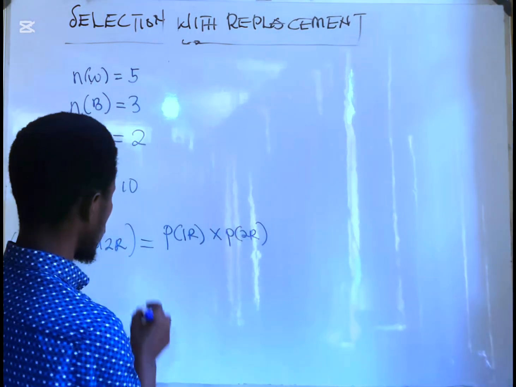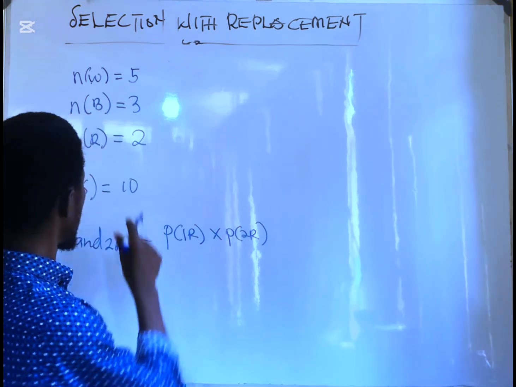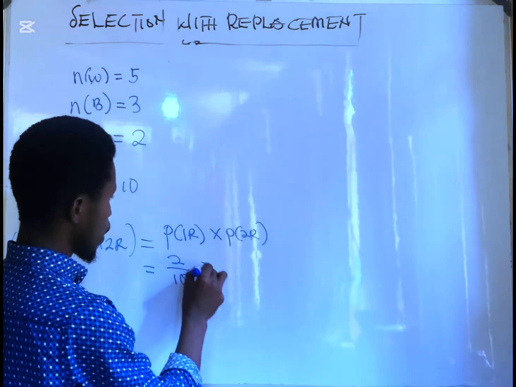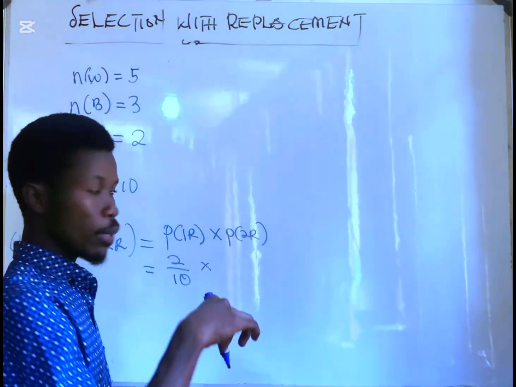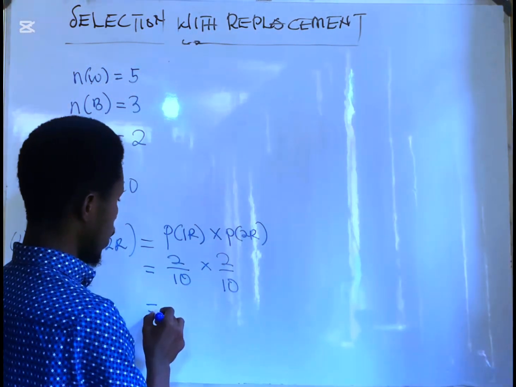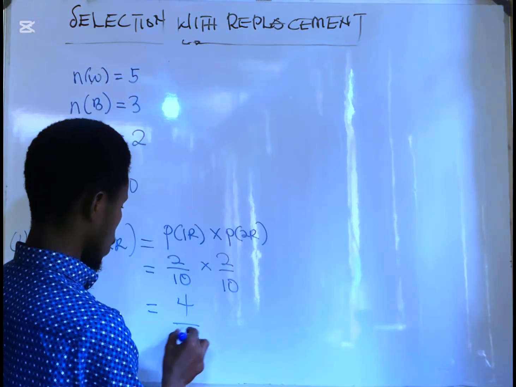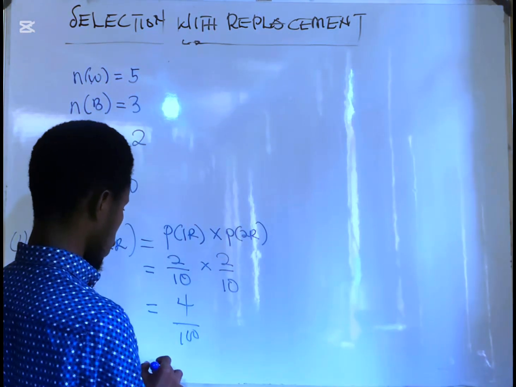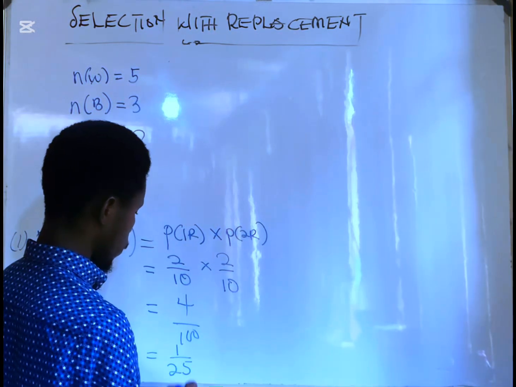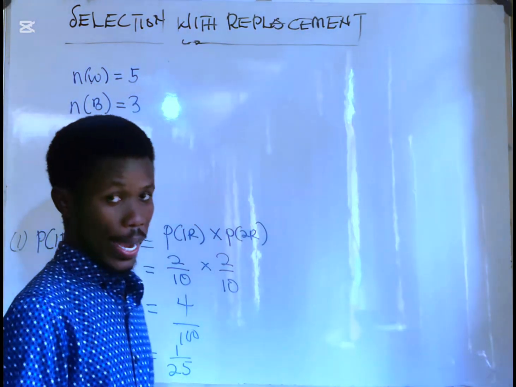Is that okay? So in this case, probability of first ball being red, you see, red is 2, so that will be 2 over the sample space, which is 10, times second ball, because you are replacing it back, you maintain it, so 2/10, which will give us 4/100. Is that okay? And 4/100 is same as 1/25. Very good.